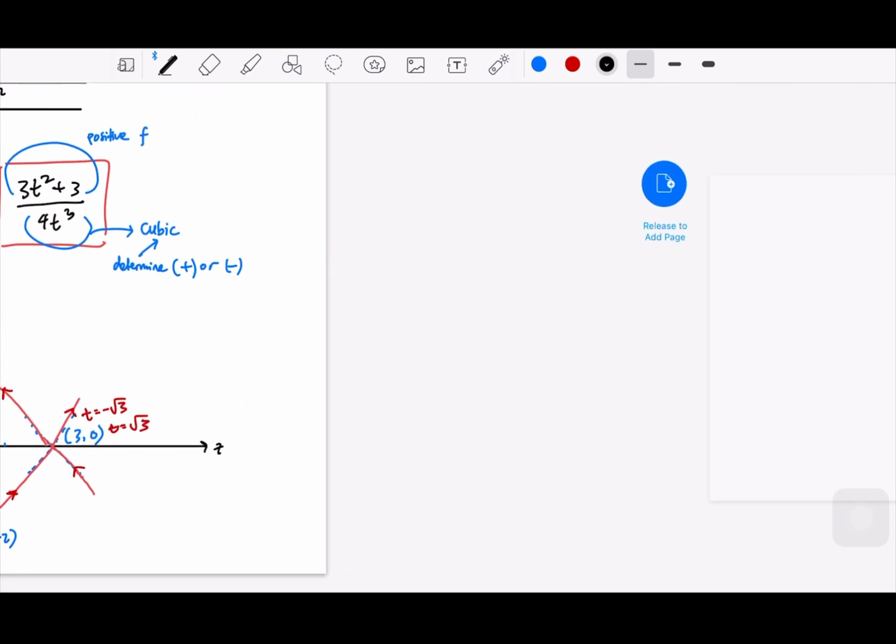Okay, so the questions about the cycloid is, suppose, cycloid.